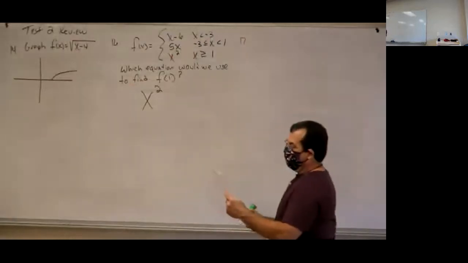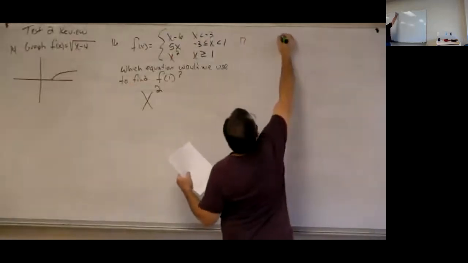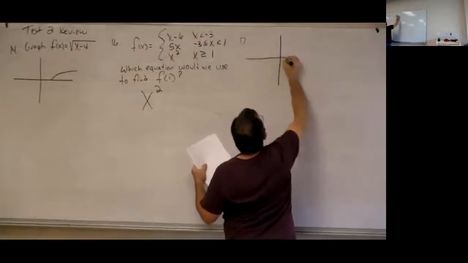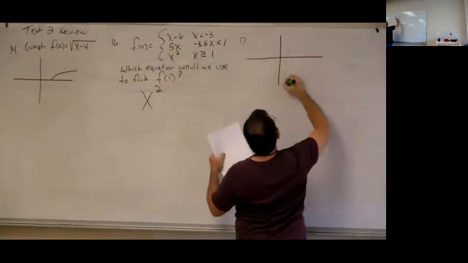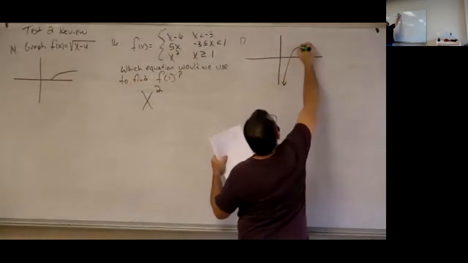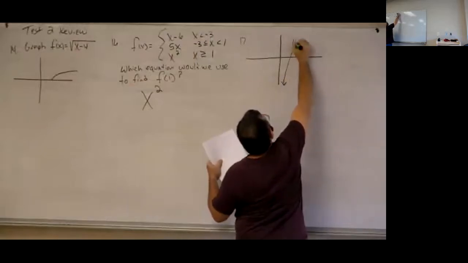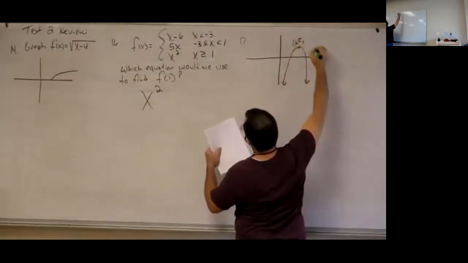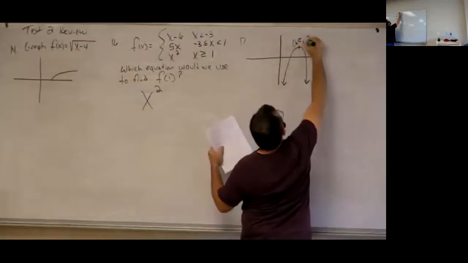All right, 17, they're giving me a picture here. And I got a parabola sitting over here like this. And all I know is that this point is 6.5, comma, 2.25.